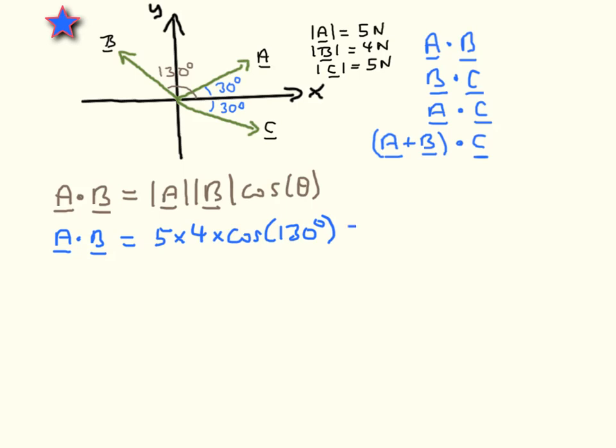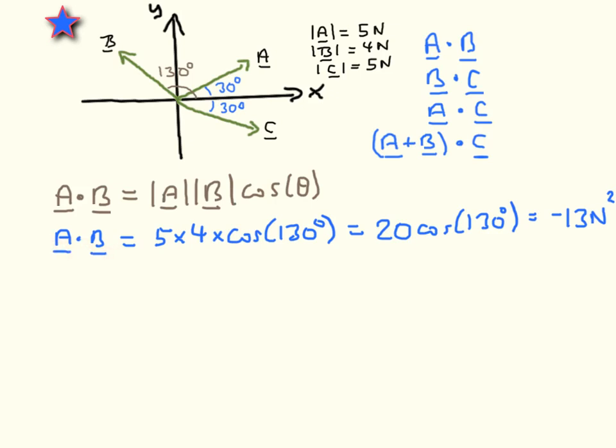So what we have is 20 times the cosine of 130 degrees, and when we use a calculator, we obtain minus 13, and the units would be newtons squared, because this is newtons times newtons.